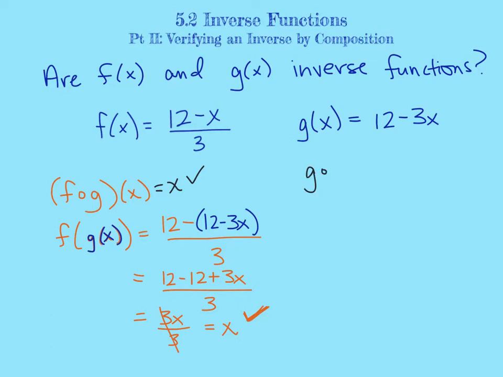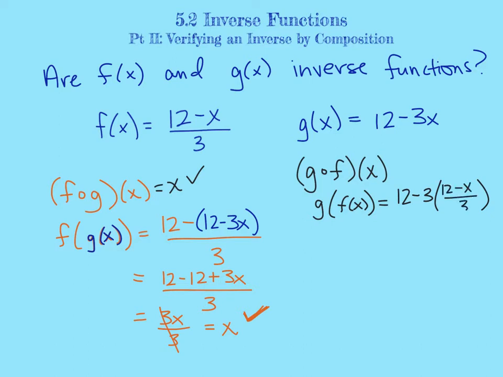Then we want to make sure that the other way does as well. So we want to see if g of f of x also gets x out. So this is doing g of f of x. Now we're going to write our g function, but to plug in for x, we're going to plug in 12 minus x all over 3. So we will have 12 minus 3, and in parentheses, we'll input our f of x function, so it's 12 minus x all over 3.